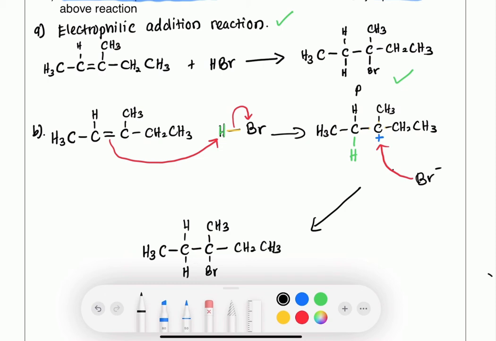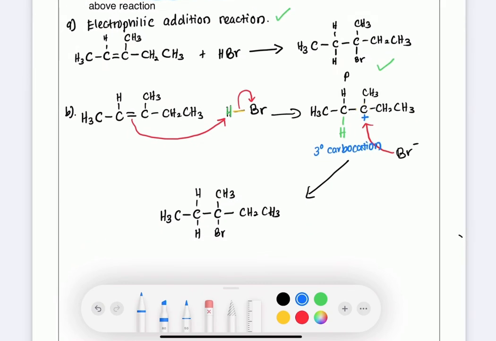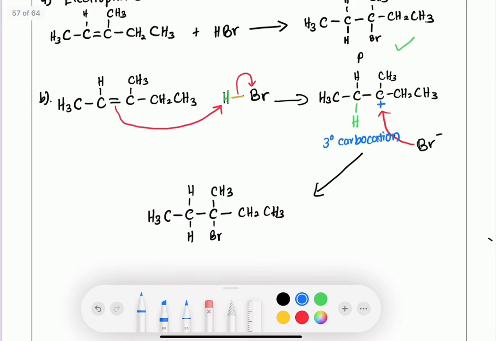Oh, and I forgot. Once we reach this, we have to classify the carbocation, but this is already a tertiary carbocation, so there is no need for rearrangement. It is already stable, and we directly go to the second step and we get this structure.